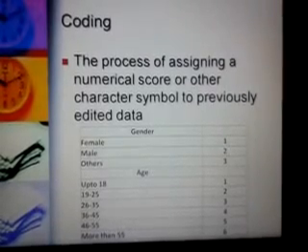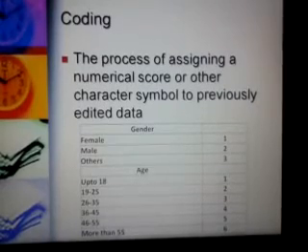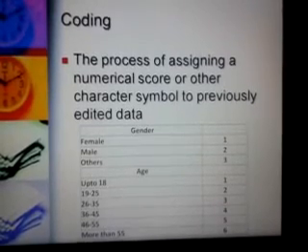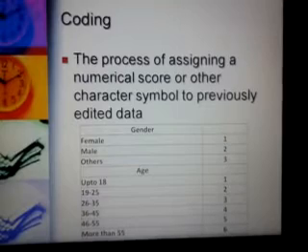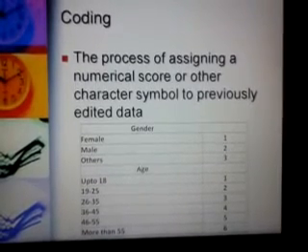So what is done during coding, some numerical values are assigned to the answers that were responded by the respondents.